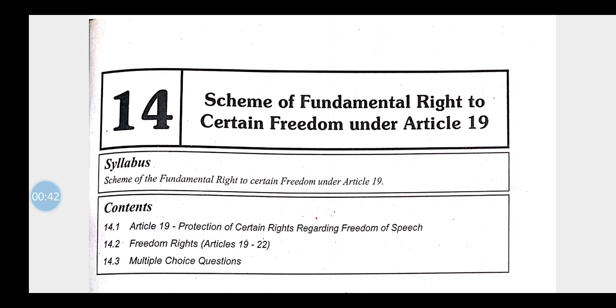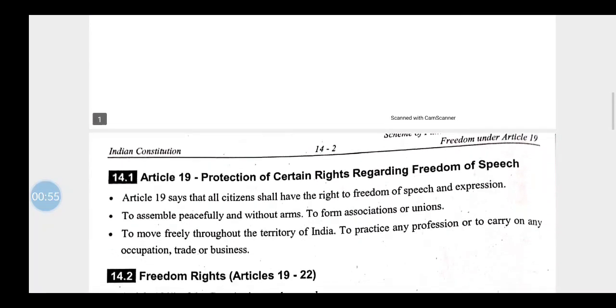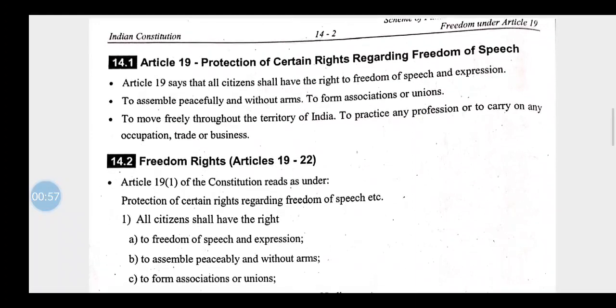So basically, Article 19(1) gives citizens six freedoms. Right. So I would like to discuss in detail. So freedom of speech and expression, then freedom to assemble peacefully and without weapons.